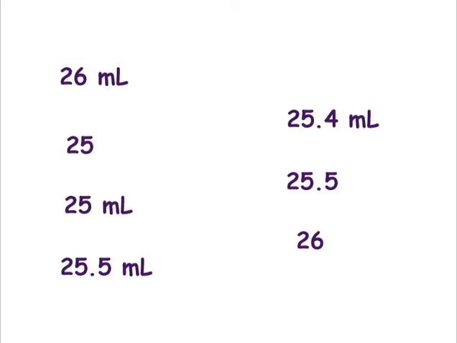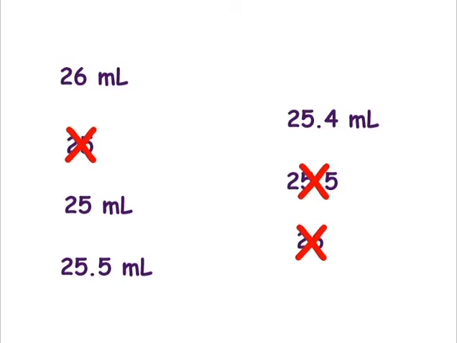First of all, does anyone see any numbers that are not true measurements? The 25, the 25.5, and the 26 are all missing the unit of milliliters? That's correct. Always include the unit in a measurement. That leaves us with 4 other choices. Can anyone tell us which of these choices are correct and explain why?